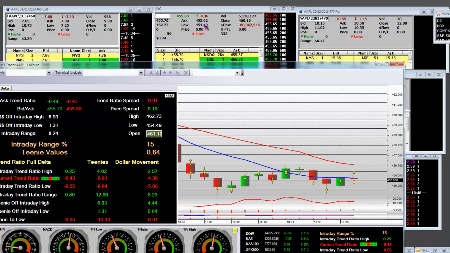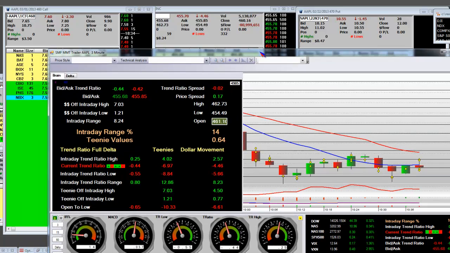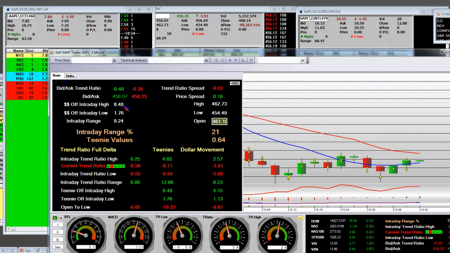I've got all the ranges for you right here in the MMT Market Maker platform. Look at here. The intraday range right now is 8.24. It opened at 461. They take it to 462.73 to the short. Here. Look at here. $6.48 off of the high.